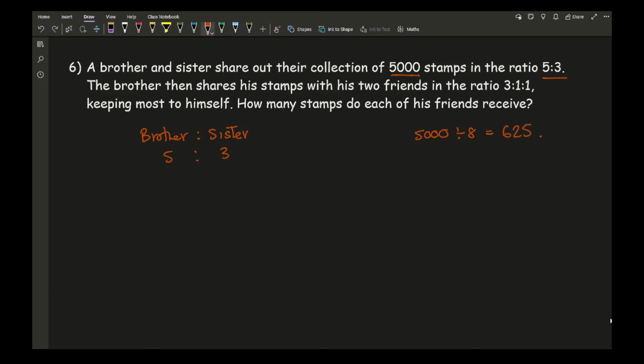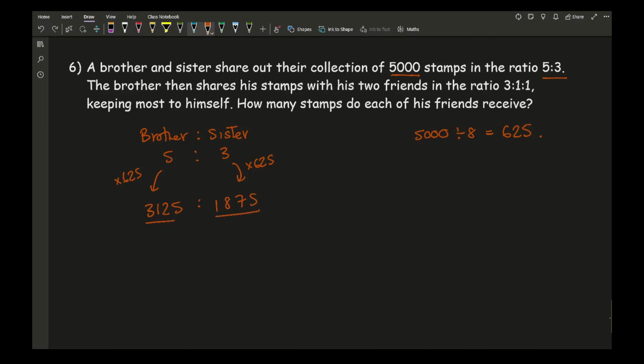So the first thing you need to do is then times both these two numbers by 625, in which I get 5 times 625 gives me 3,125, and 3 times 625 gives me an answer of 1875. So this is how much the brother has got, that's how many stamps the sister has got.